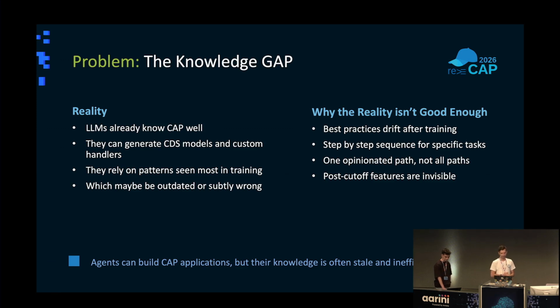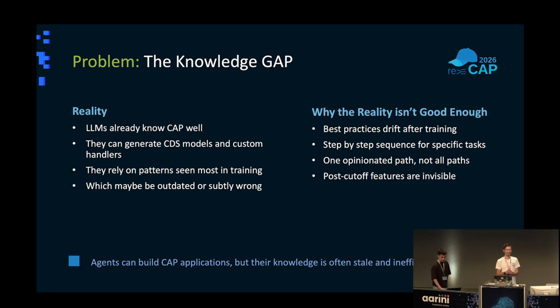The problem is that the models have a knowledge cutoff. For most of the modern models, that is somewhere in 2024, where they finish learning, and everything that happened after that is something they don't know.